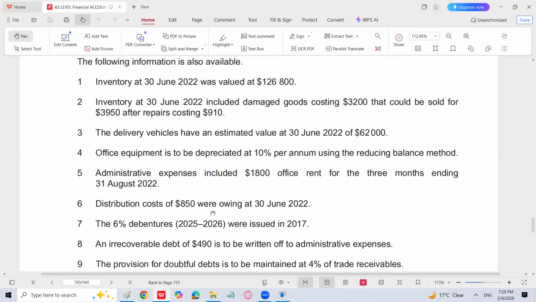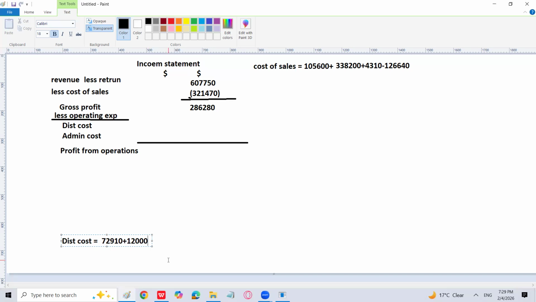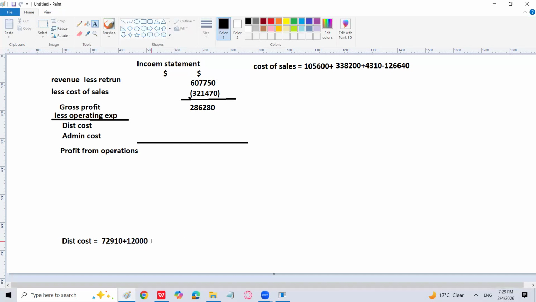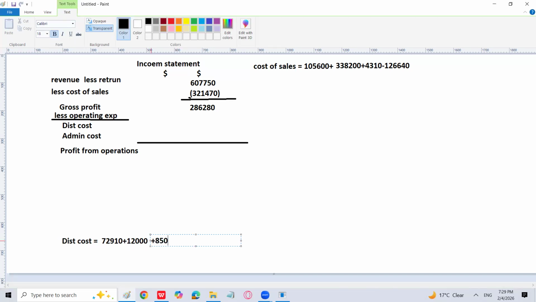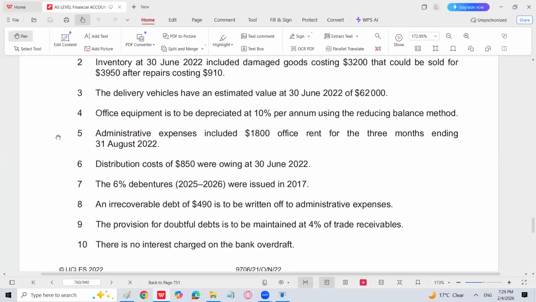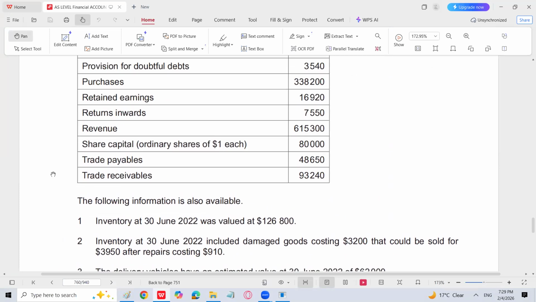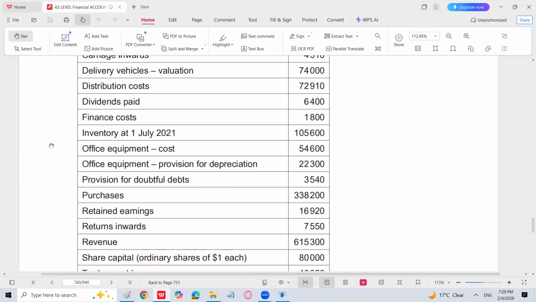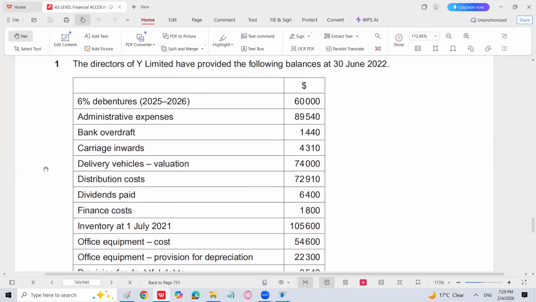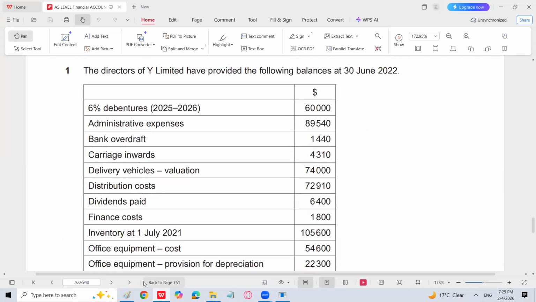Distribution cost 850 was owing. So owing distribution cost will be added. So I will add 850 to 12,000. Next, we'll see what more is supposed to come in the distribution cost. I think there is not much available for distribution cost other than these. Okay, so let's go for the total.